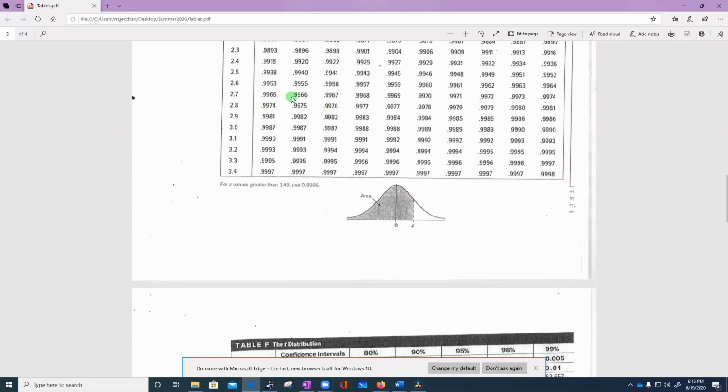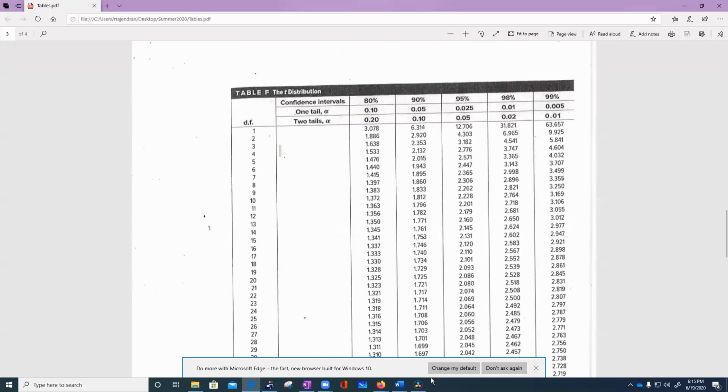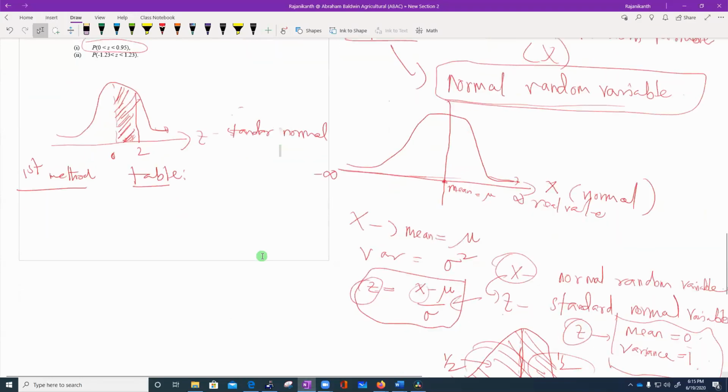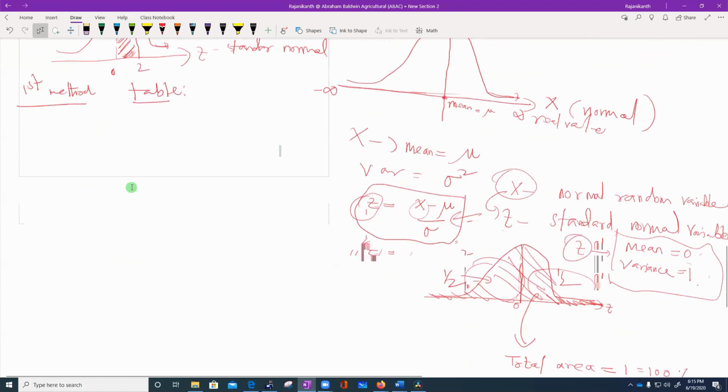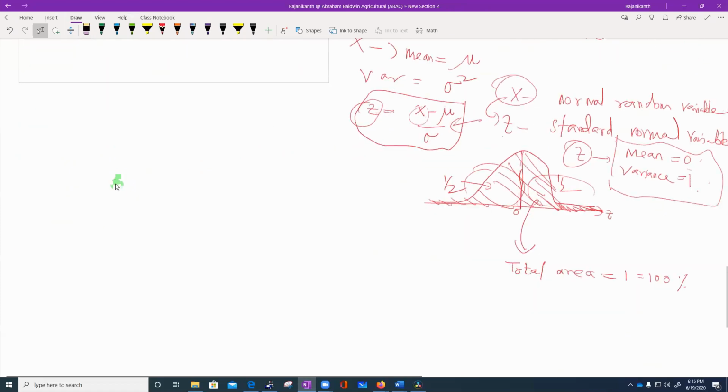Okay. For example, look at this. Before doing that problem, I just want to explain a small one. Suppose I want to find this area, say this is 0, say this is 2. I'm going to find the left side area of which point?